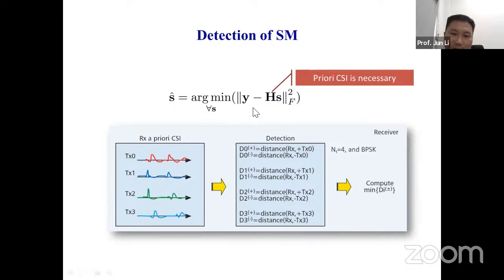This is the classic ML detection rule. But the complexity is still very high if the number of transmit antennas is very large, for example if N is equal to 64.